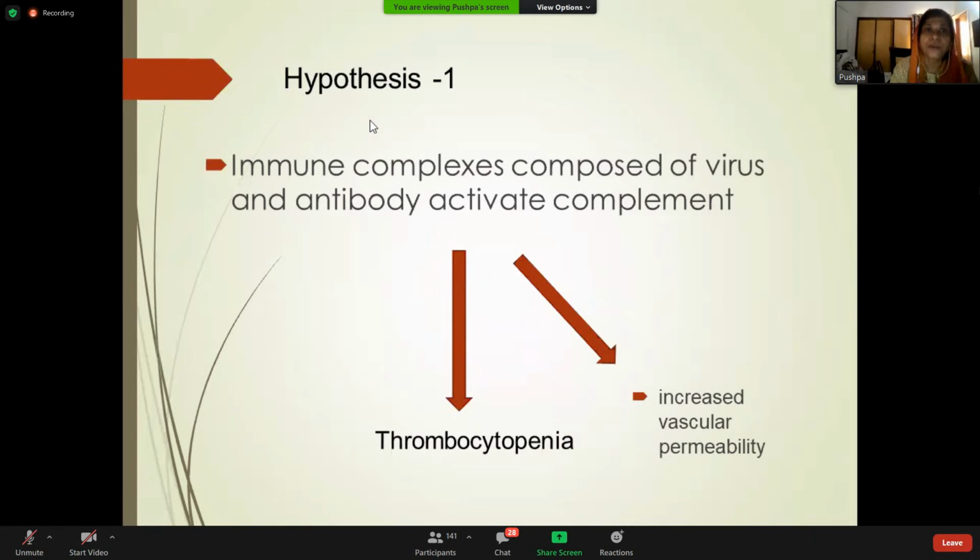So hypothesis 1 is immune complexes, that is antigen and antibody composed of virus and antibody activate complement. This increases the vascular permeability and there is thrombocytopenia in hypothesis 1.